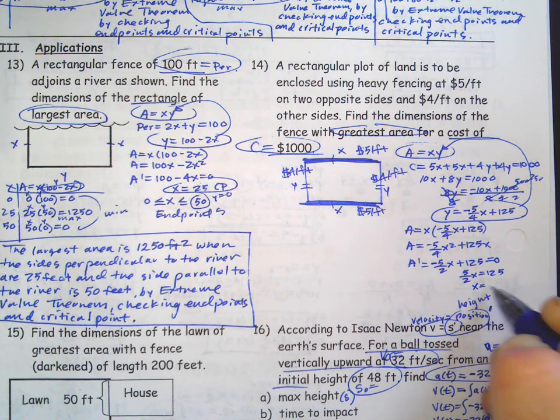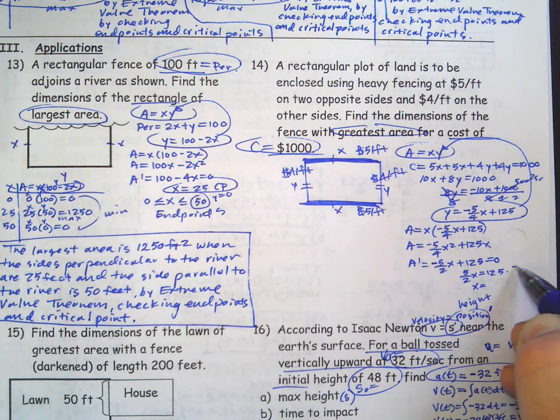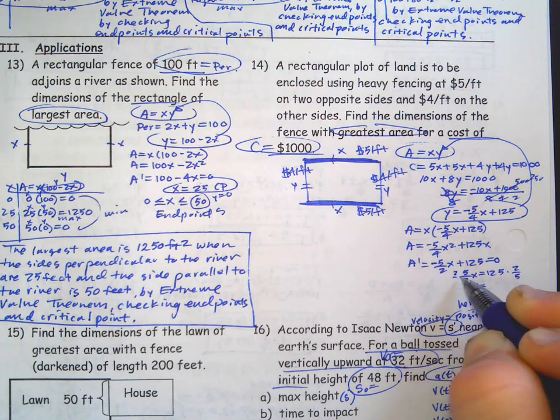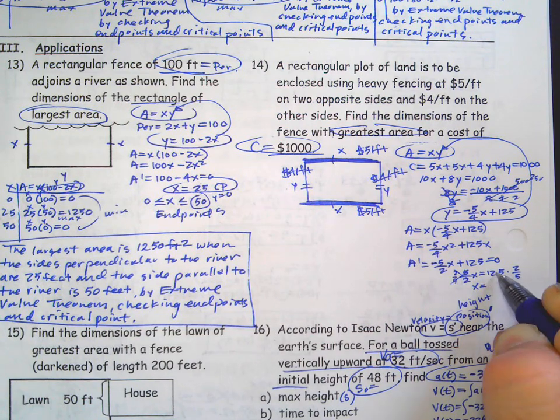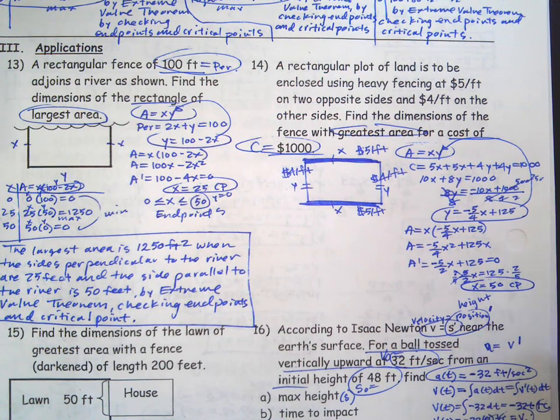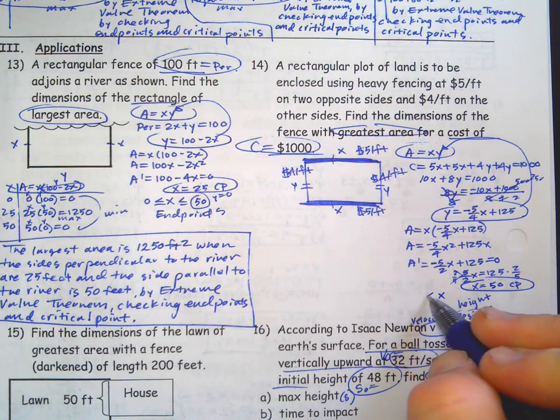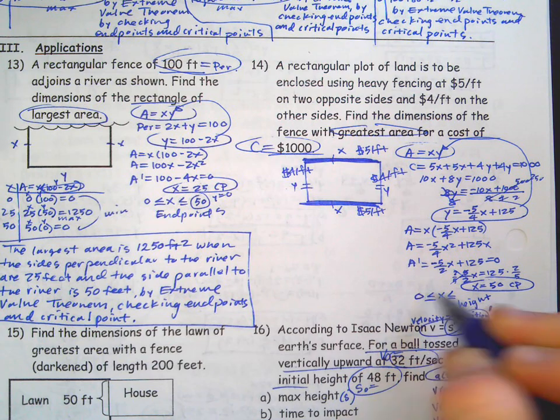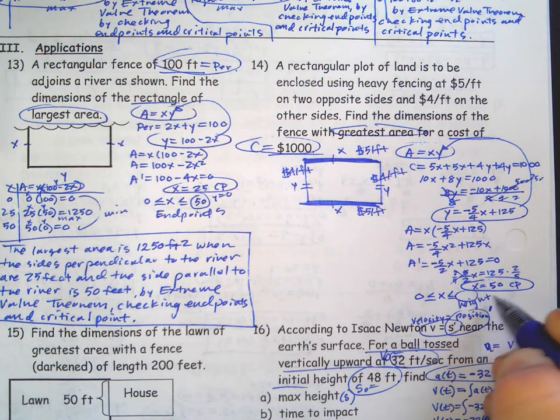So 5 halves x equals 125. X equals 125 times 2/5. So 5 goes into 25, so that's 50. That's your critical point. Then you got to figure out your endpoints. What's the smallest x could be? It could be 0. The biggest x could be would be the smallest y, which is when y equals 0.